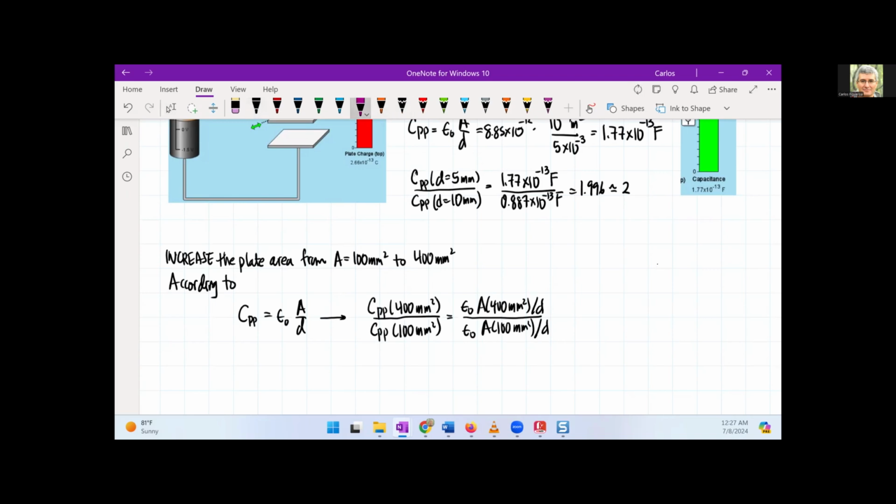So all of these D's cancel out, just like this cancels out, and then we should get a ratio of 400 to 100, so it should be a factor of 4. So let's go calculate that value.